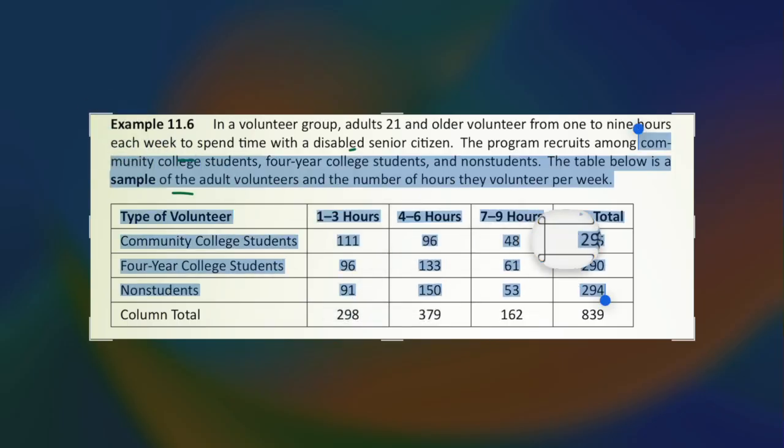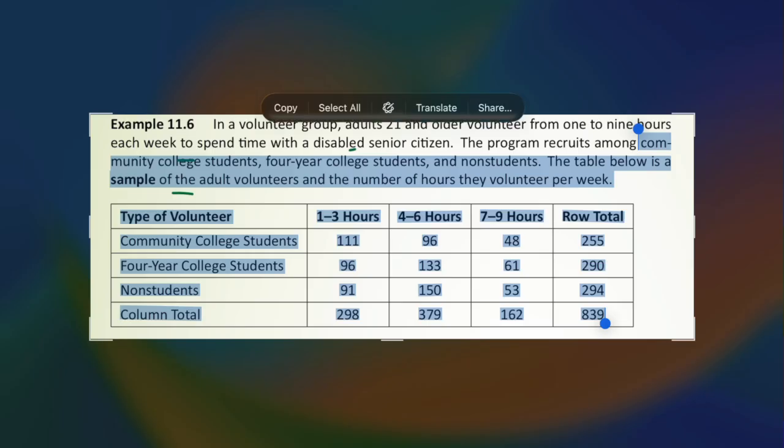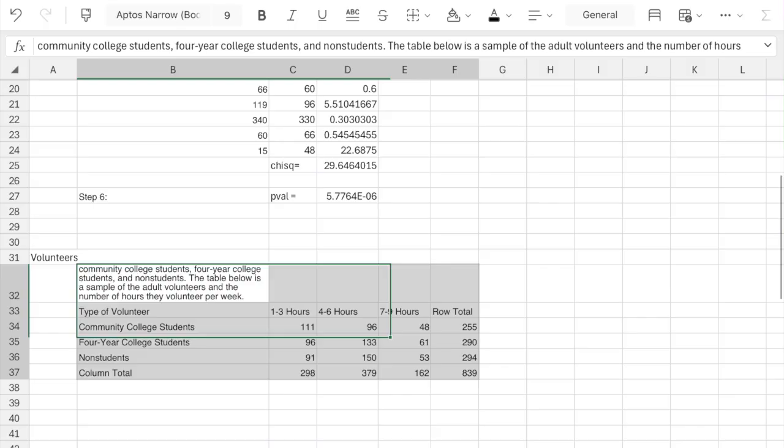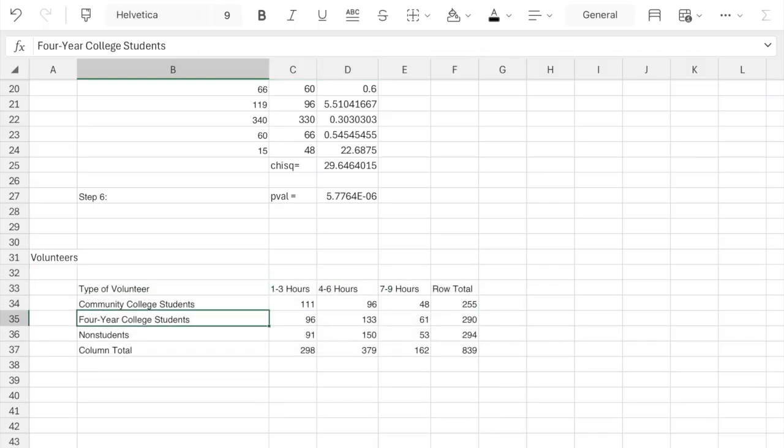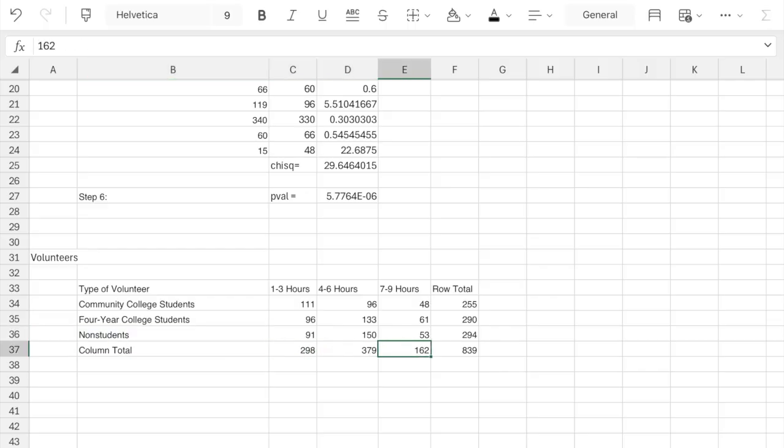Oh, that's good. There we go. Copy. There we go. Nice. All right, great. Got it. Got the totals and everything. Okay, so this right here, guys, this is observed.